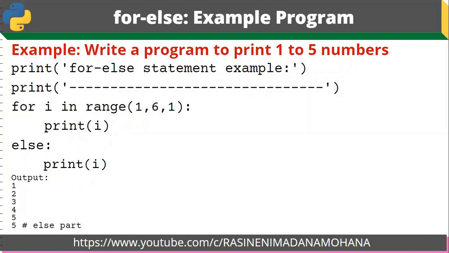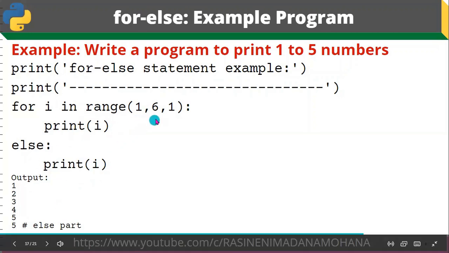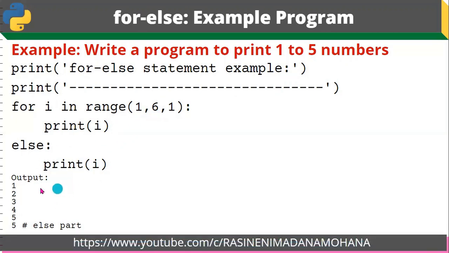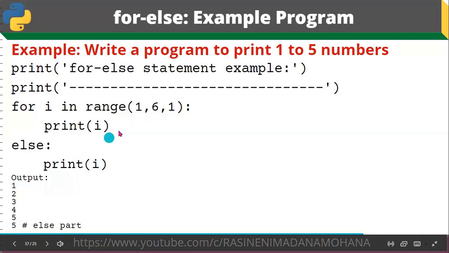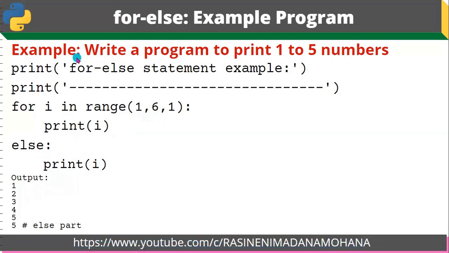So it terminates the loop, then whatever the latest value is displayed here. Suppose here 1 to 7. Now it displays 1 to 6 followed by 6. 1 to 11 displays 1 to 10 followed by again 10 in the else part, like that. So this is the program for demonstrating for else.